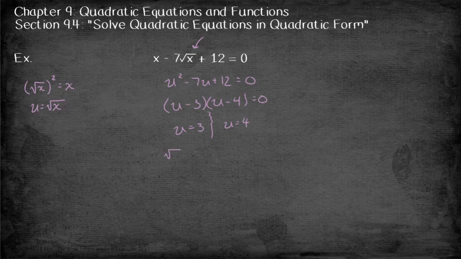And so we have that the square root of x is equal to 3, and the square root of x is equal to 4. So that is to say that x is equal to 9, and x is equal to 16 are our two solutions.